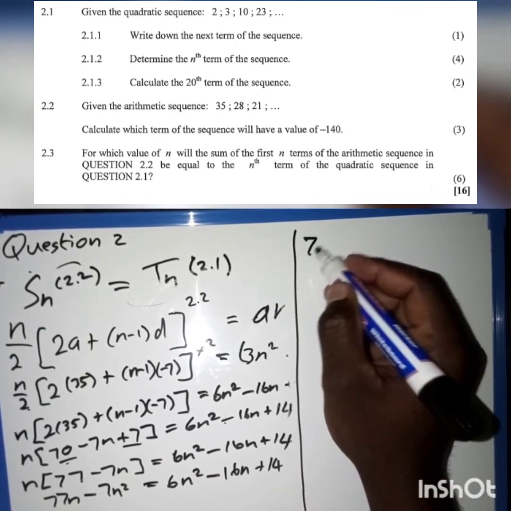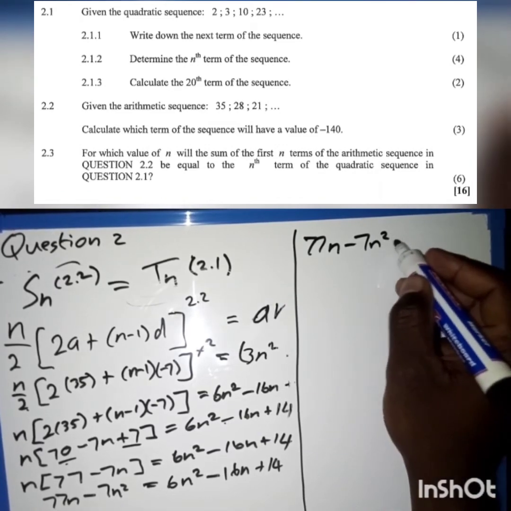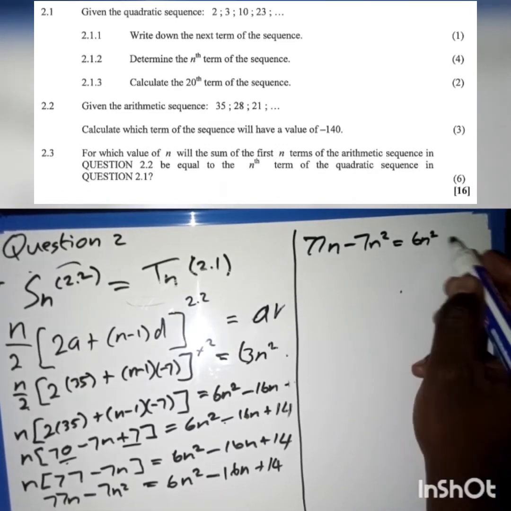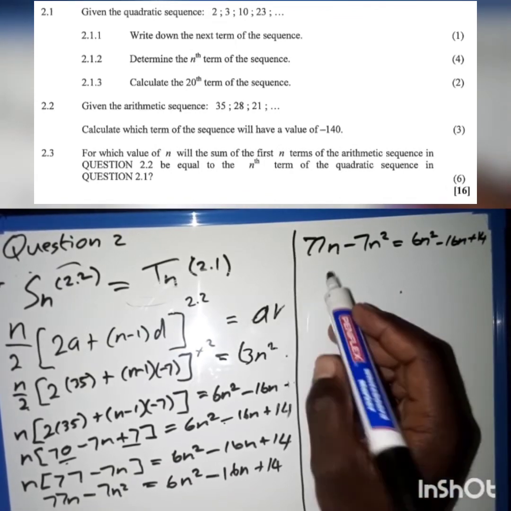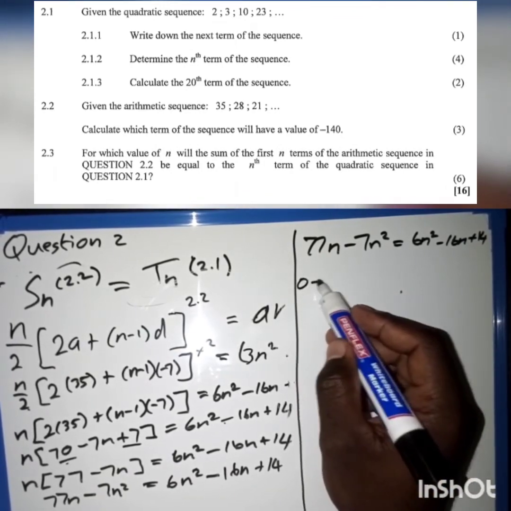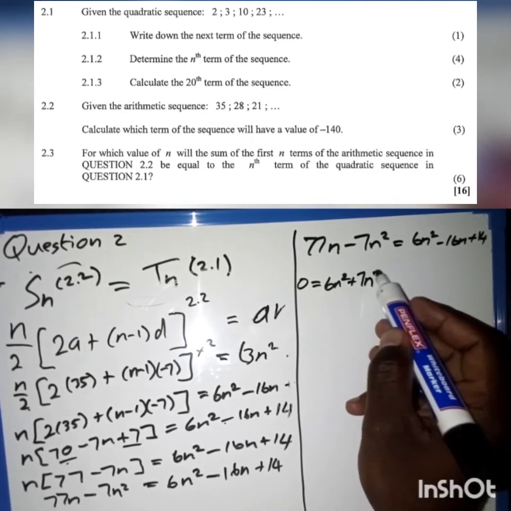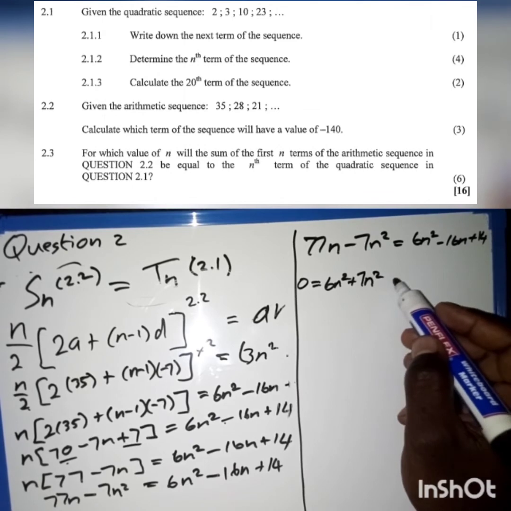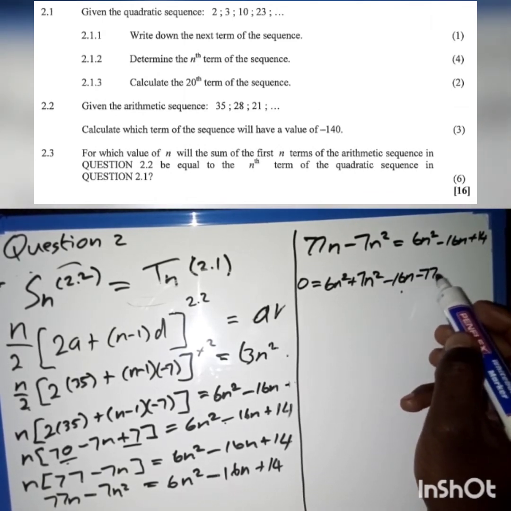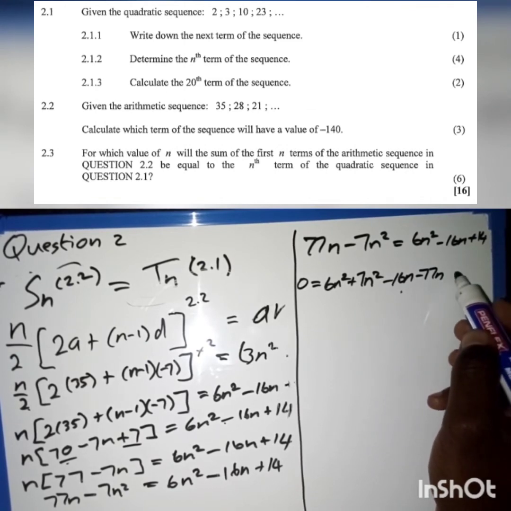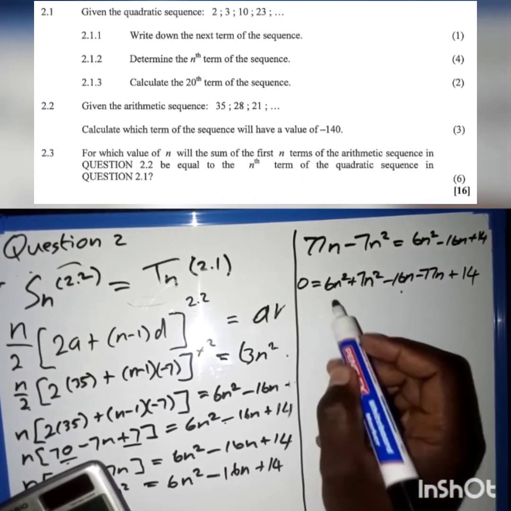And then I'm going to take everything to one side. So I have 6n squared plus 7n squared, and then minus 16n minus 77n plus 14.